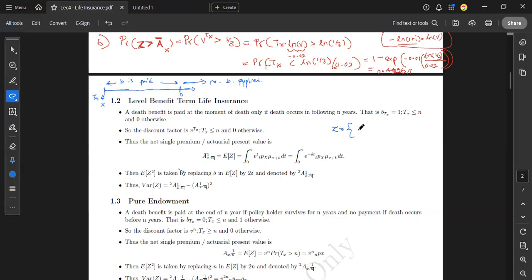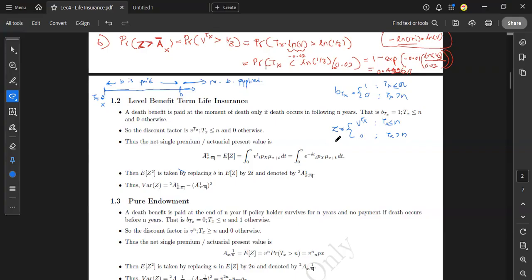So this is a step function: the benefit is 1 if TX is less than n, and 0 if TX is greater than n.